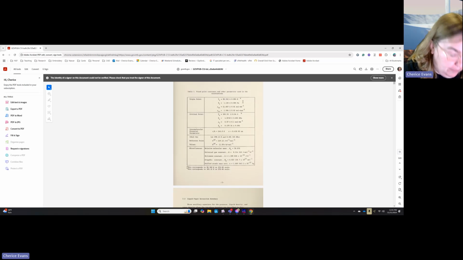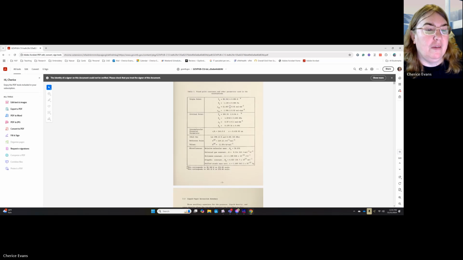This is a really old paper. So you can see the triple point pressure is 1.130 pascals. And we have that. It is low. And the liquid density is 21.67, which we have.